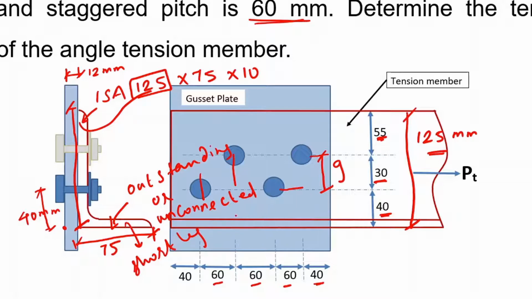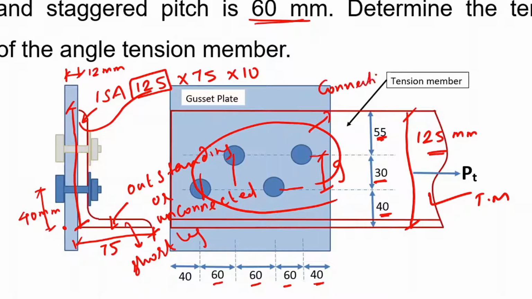So if you look at the problem, this is the tension member and this is the connection. It was already designed, and now we are here to analyze what is the load carrying capacity of this tension member.